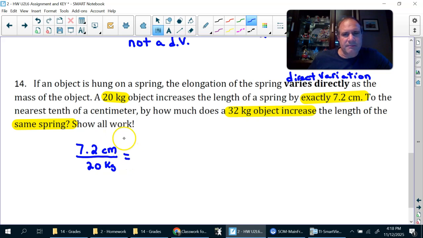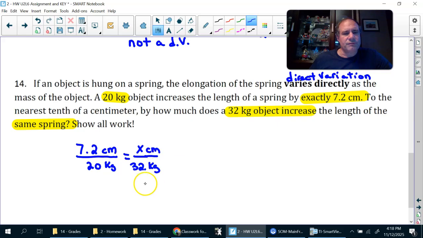But since I put centimeters over kg, the length of the same spring, x over 32. And that's kg. So centimeters is what I'm trying to find here.